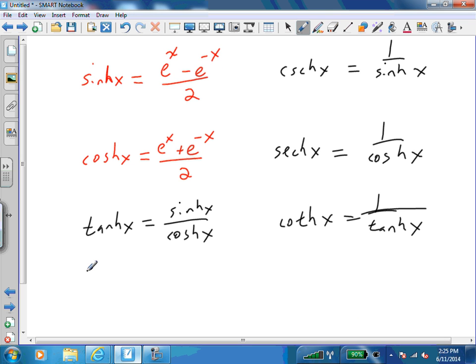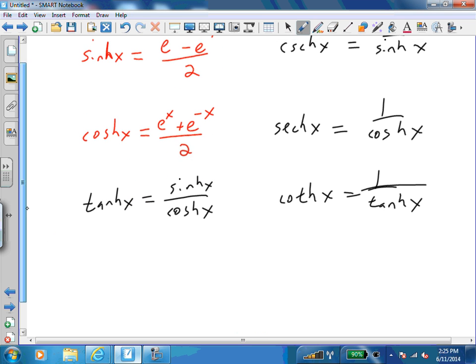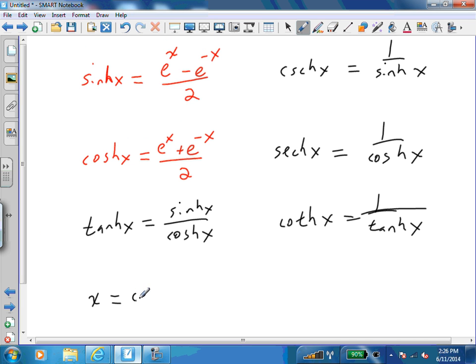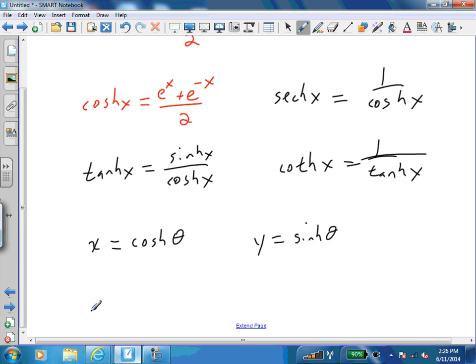And if you were to, and I'm not going to do this, but if we were to write a parametric equation where our x coordinate is hyperbolic cosine of an angle, and our y coordinate is hyperbolic sine of an angle.